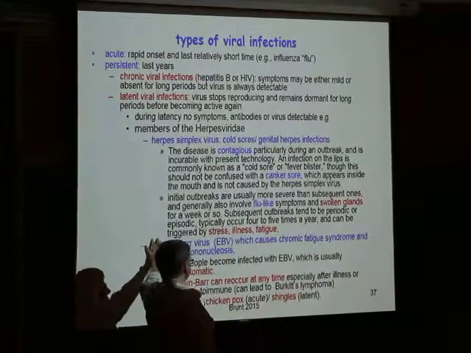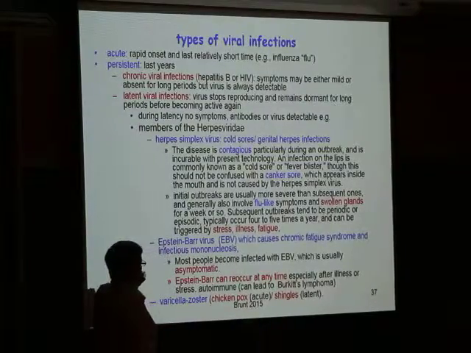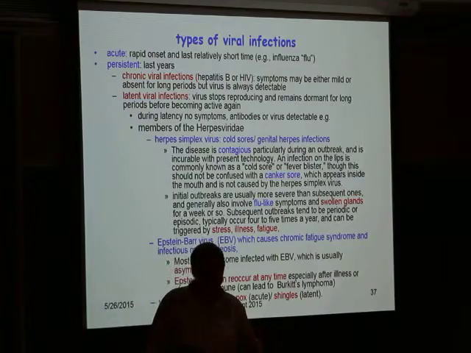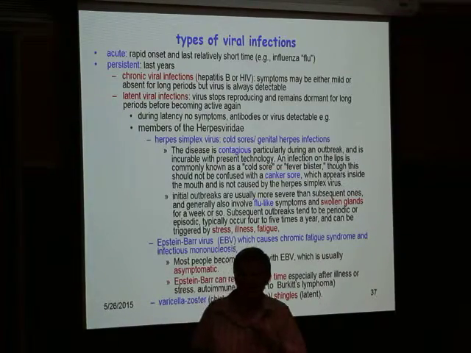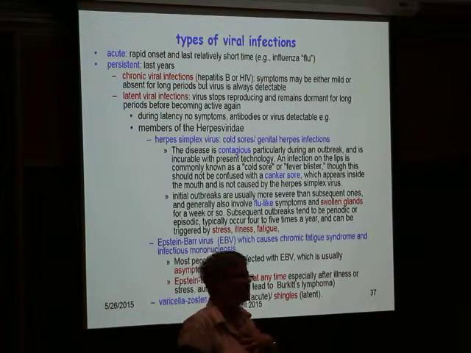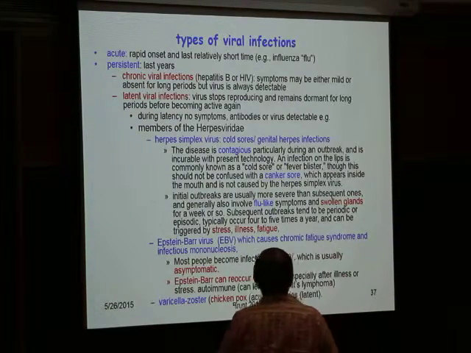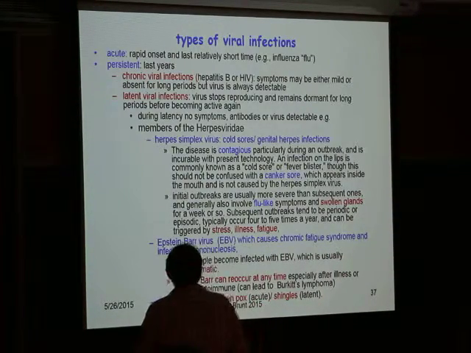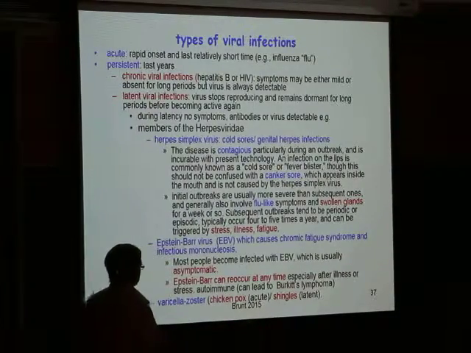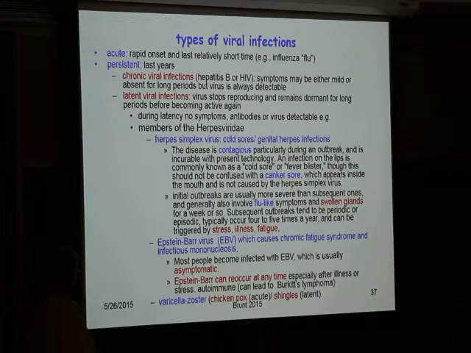Epstein-Barr causes mononucleosis or chronic fatigue syndrome. Every one of us, if we tested, would probably have the Epstein-Barr virus present. You've been exposed to it, and it did absolutely nothing to you. It didn't cause mononucleosis or chronic fatigue symptoms. So for most people, they're asymptomatic, but it can lead to autoimmune diseases and Burkitt's lymphoma.